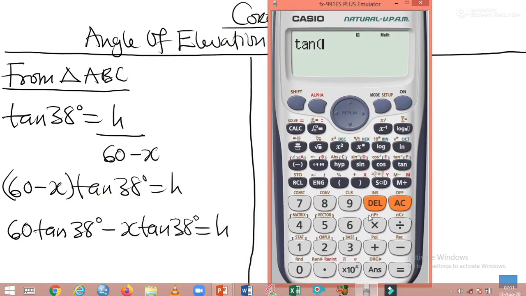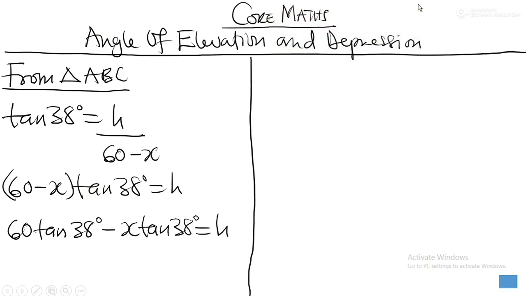So tan 38 degrees, good. We are getting 0.7813 to 4 decimal places. So let's proceed.